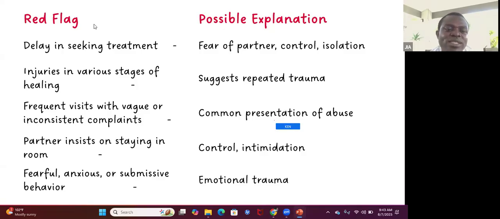Then partner insists on staying in the room. You see this one? Let's say you get a case and you are trying to collect data from a patient, and you have this spouse who seriously wants to be there during the data collection process and all of that.